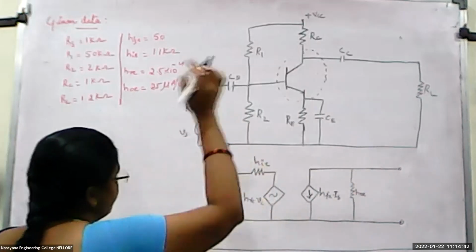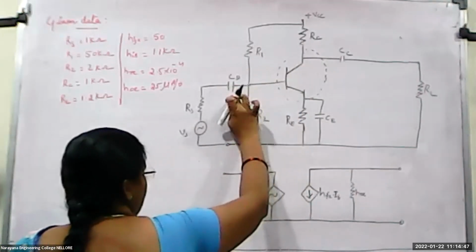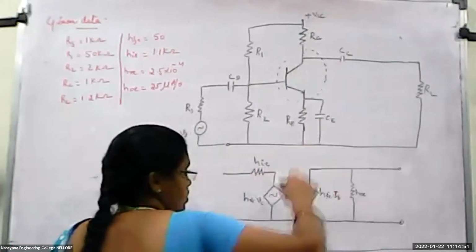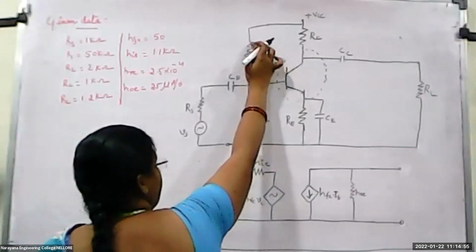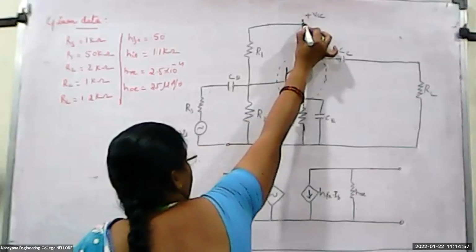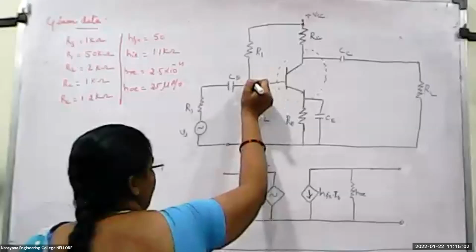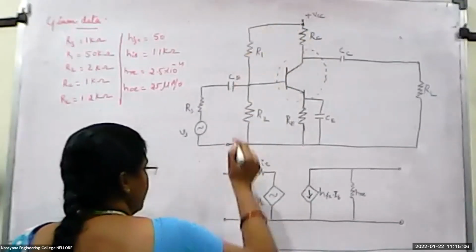Here, when capacitors are short circuited, and this DC voltage source is also shorted to the ground, this can be connected to the ground. One end of the R1 resistor is connected here, another end can be connected to the ground.